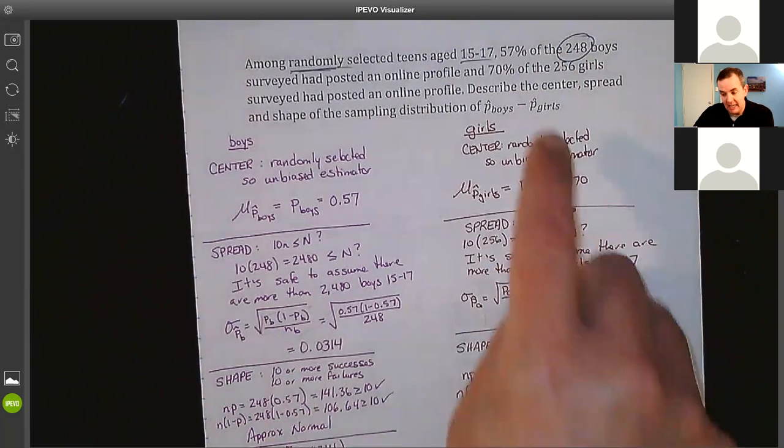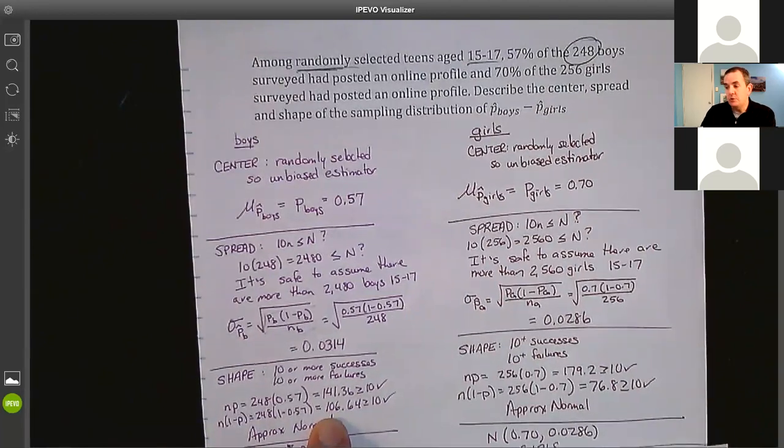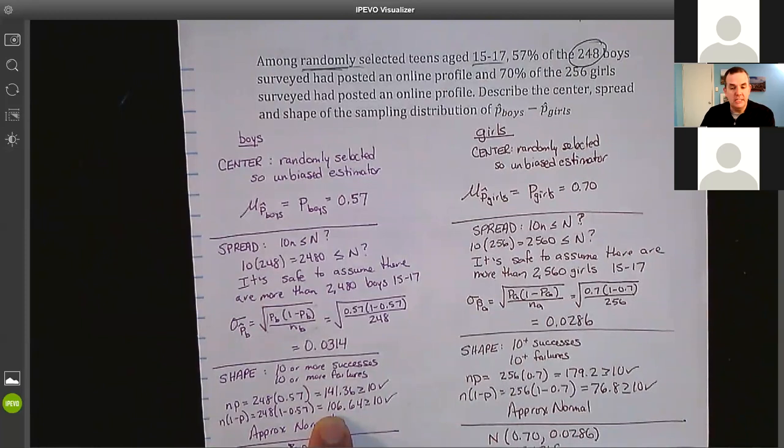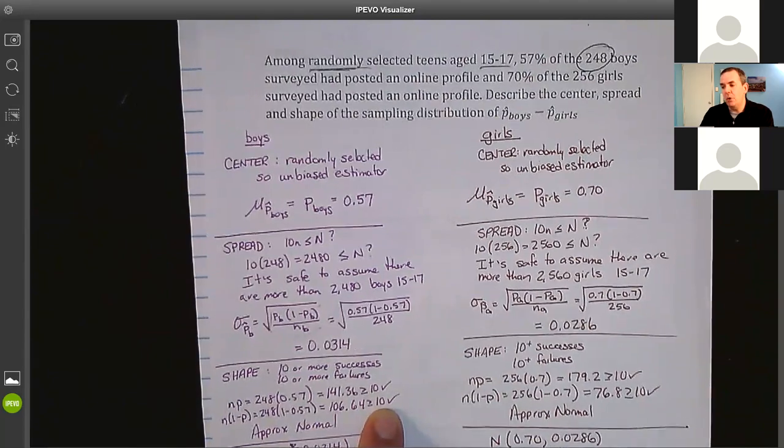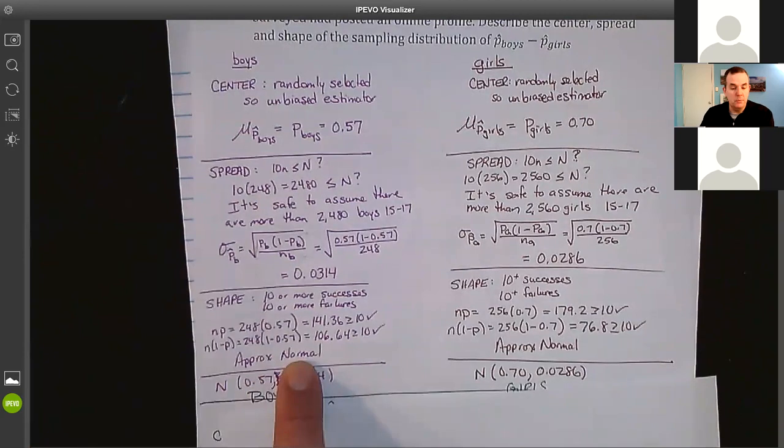I would expect a little over 141 boys who said, yes, I have an online profile. The rest are the ones who don't have an online profile. That was 106, a little over. Both of those numbers exceed 10. So what that tells me is that the boys' distribution is approximately normal.